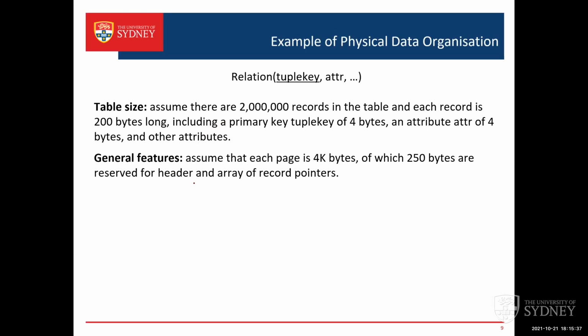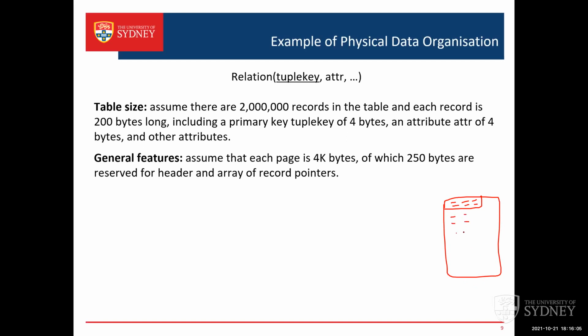A few assumptions we will make: each page is 4 kilobytes, like I have shown you. A page or block could be 4 kilobytes or 8 kilobytes. We'll assume 4 kilobytes, of which 250 bytes are reserved for the header and array of record pointers. Whenever we have a page, at the top there is always some information to read the data in that page, about how the data is stored.